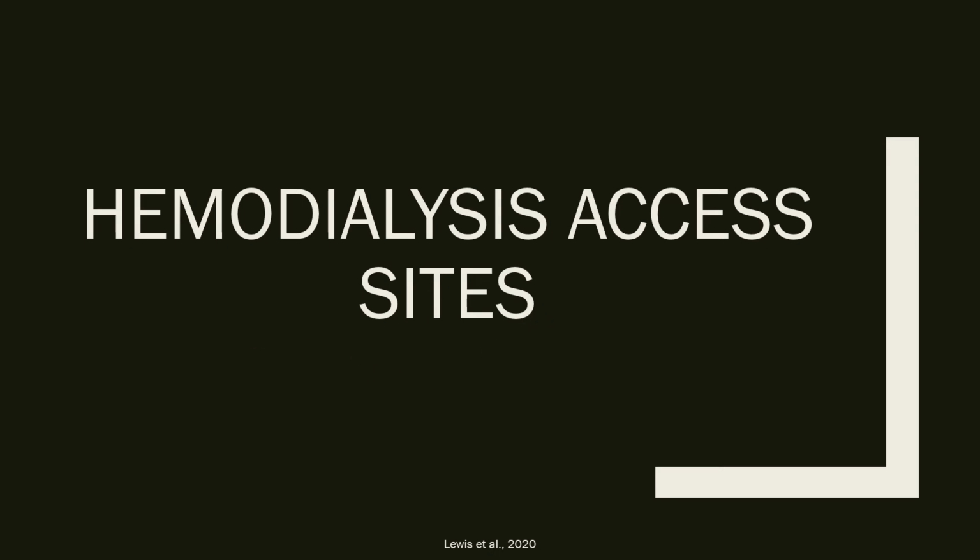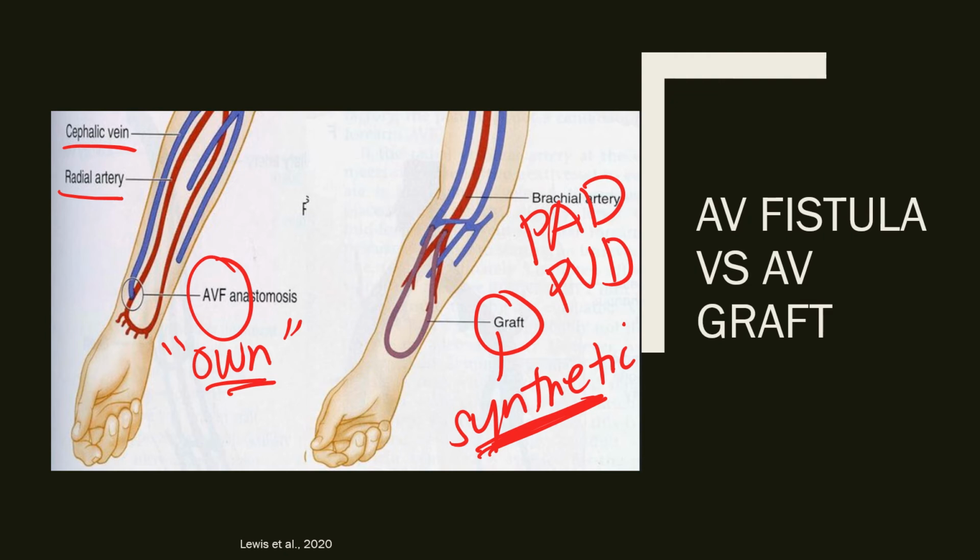And I'm gonna show you some of the hemodialysis access sites, okay, so that you're familiar with it. So we have AV fistula and AV graft. So let's start with AV fistula. So AV fistula, remember you listen for bruit and you palpate for the thrill. This is what it is. And it's AV fistula, it means that we're using their own artery to be anastomosed in their vein, okay?